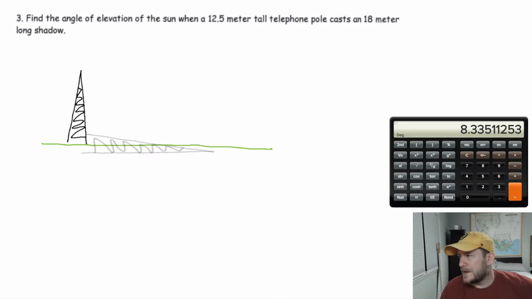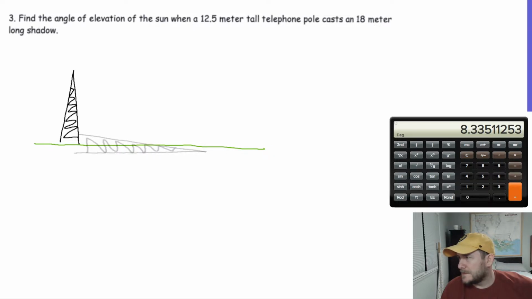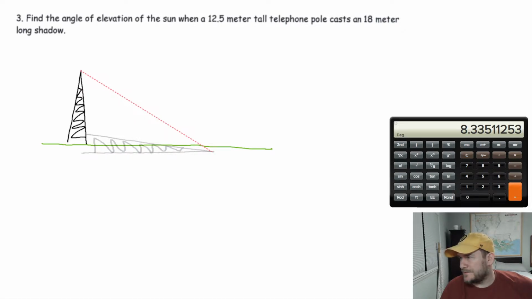Pretty good, right? Now you can imagine a line connecting the top of the tower down to the tip of the shadow. You can also imagine that the tower forms a 90-degree angle with the ground. So there's our right triangle, and we can label what we read. We're reading, find the angle of elevation.